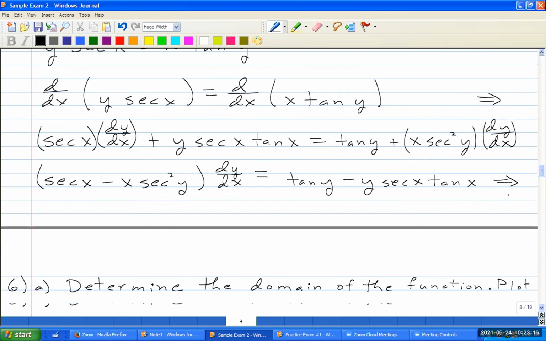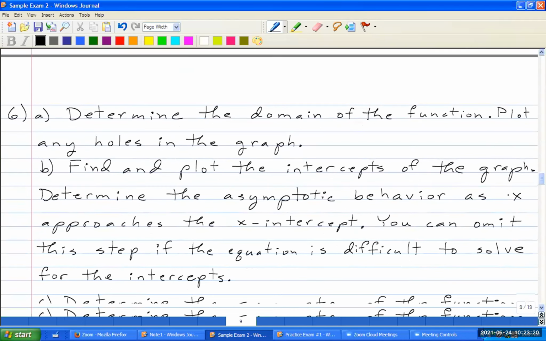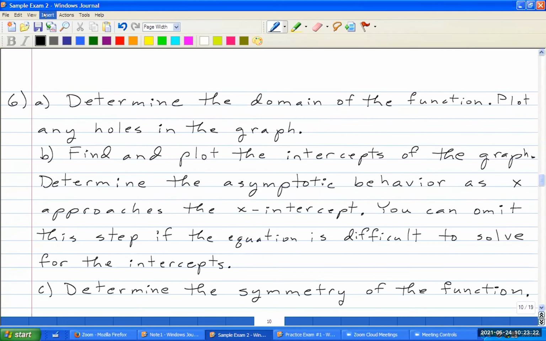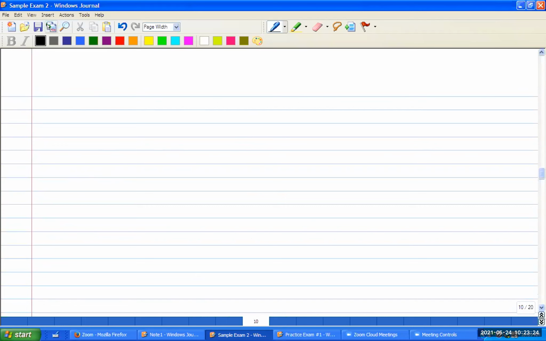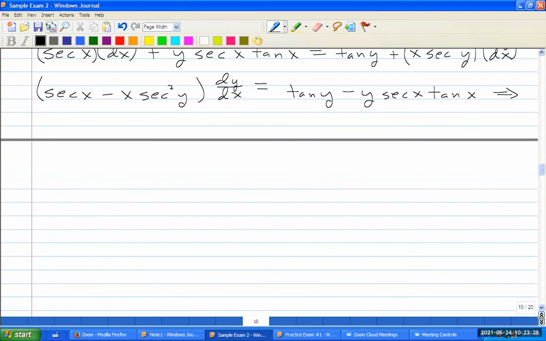Okay. And so I need just one additional line to write the answer. Okay, so dy dx. Oh, actually, I wonder if, no, I can't write it.